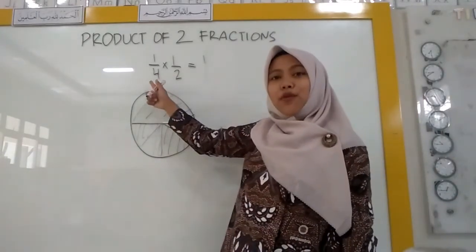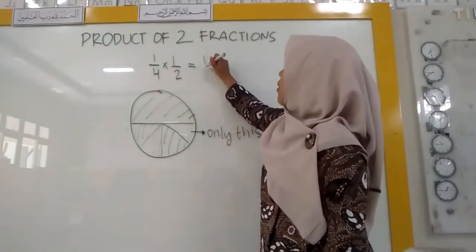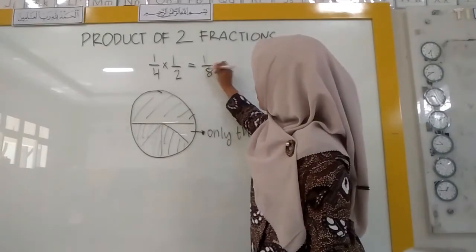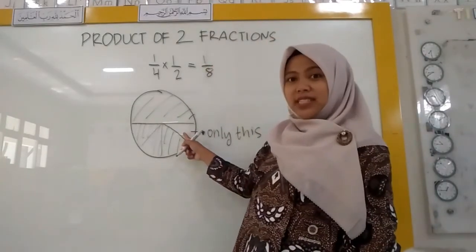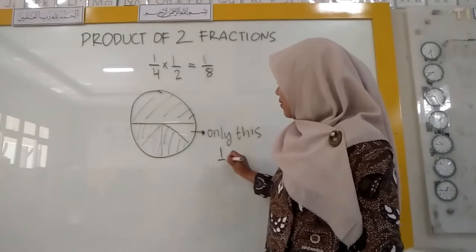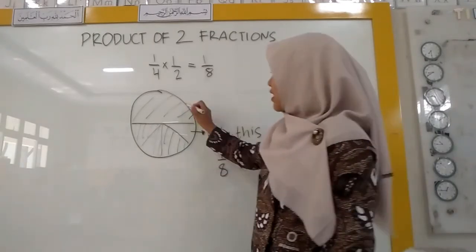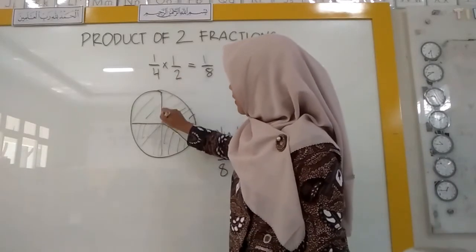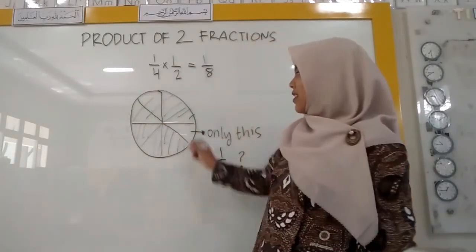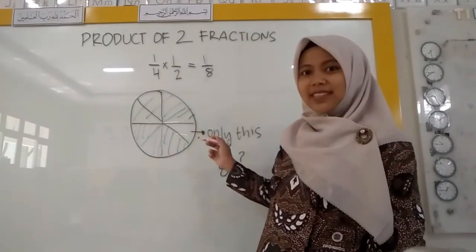So we multiply 4 and 2 and we get 1/8. Can you guess this is 1/8? Yeah, of course, it's 1/8.